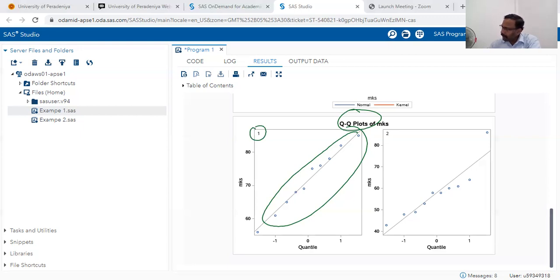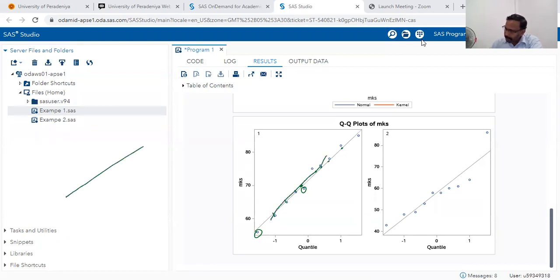So how each point, for example, this is your observed value, right? How it is deviating from the predicted value. Predicted values are the values on the line. So how far it is deviating. For example, if you have a QQ plot like this, that is a good set of data.